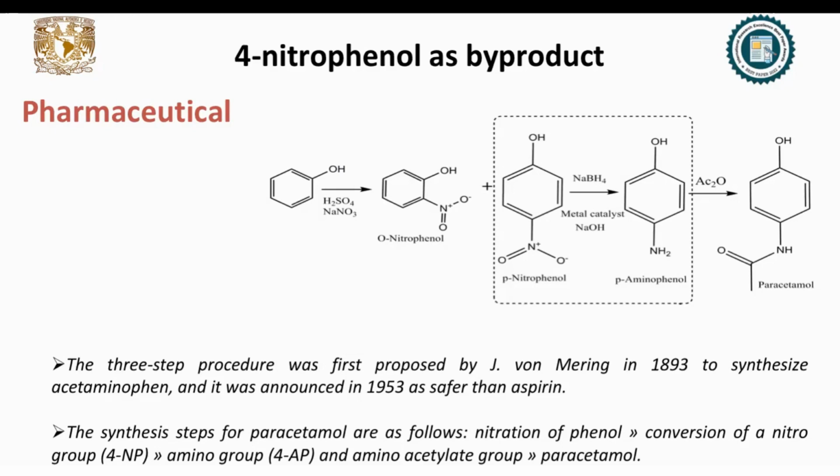This fabrication of paracetamol consists of 3 steps. First is nitration of phenol, then the conversion of the nitro group to an amino group, and then the amino group to paracetamol. In the second step, we can see the para-nitrophenol nitro group going to an amino group. This is where we are going to target in this work.